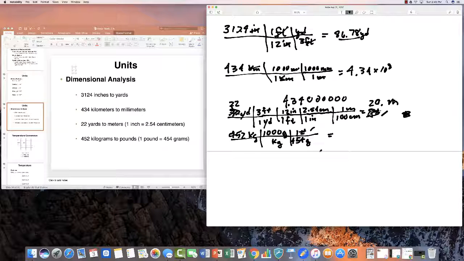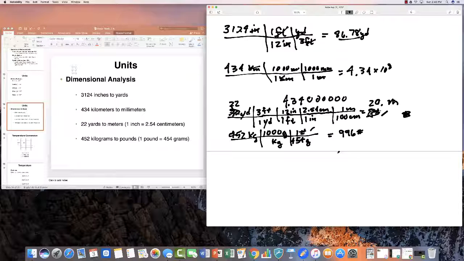And so 452 times 1,000 divided by 454 is going to be approximately 996 to 3 significant digits. My calculator says 995.59, so I round up to 996. And you always have an answer with units, so this is pounds.